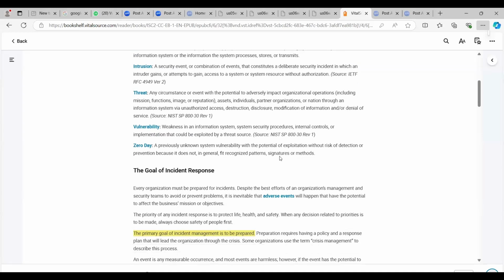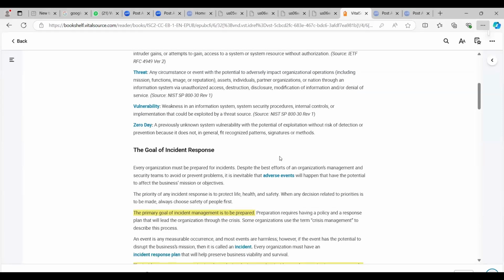Then we have vulnerability. A vulnerability is a weakness in an information system, system security procedure, internal control, or implementation that could be exploited by a threat source or threat actor. It's a loophole or weakness in your system that can be exploited by a threat actor.